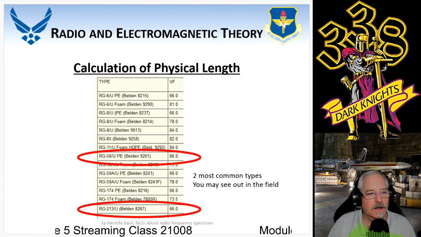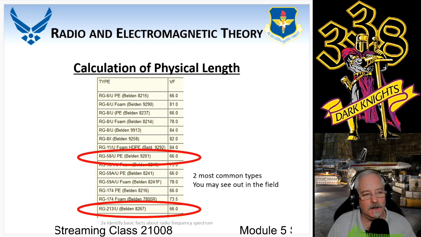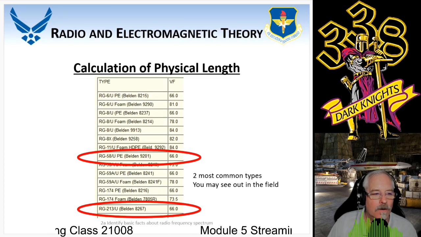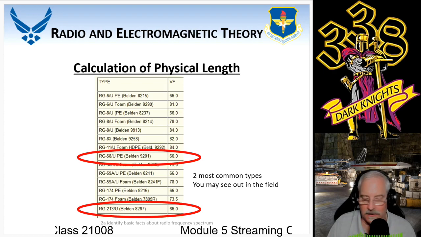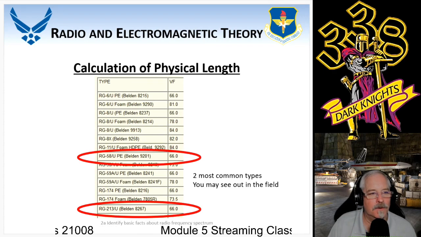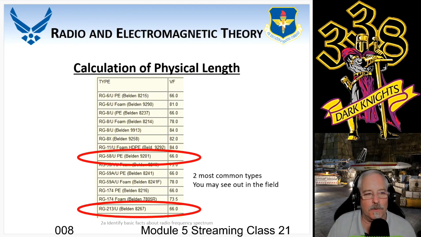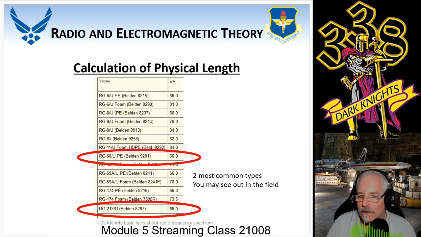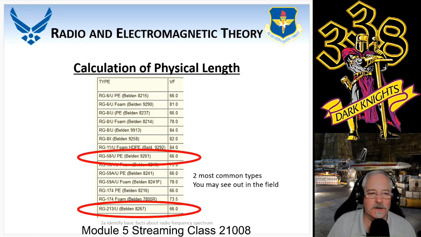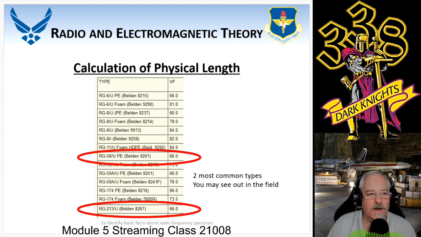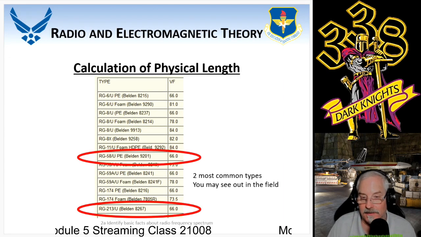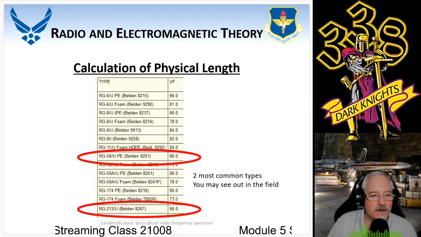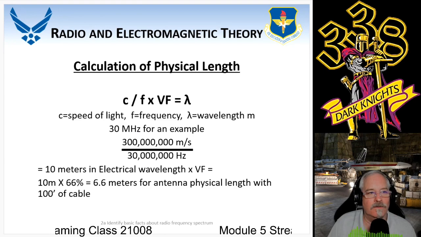When you take a look at it, we're going to be using either the RG58, which is a common 50 ohm cable, or the RG213, which again we use in the shop. You'll notice that it says 66.0 on both of them, so it won't matter which one we use. What does that mean? Velocity factor is 66.0. That's 66%.